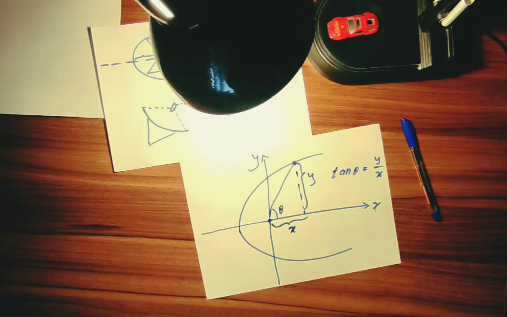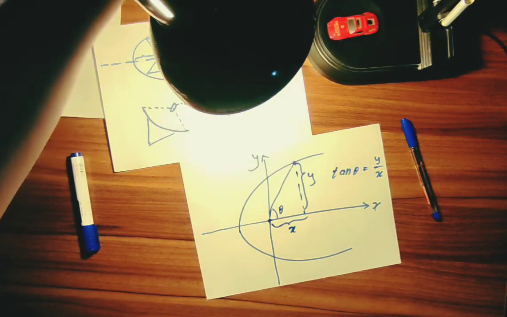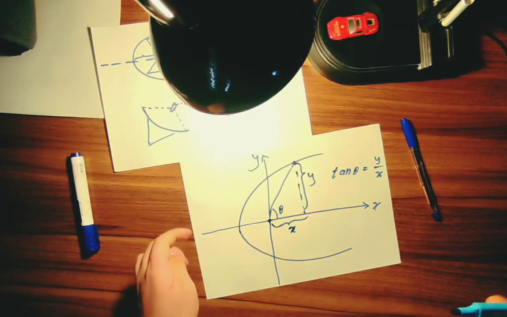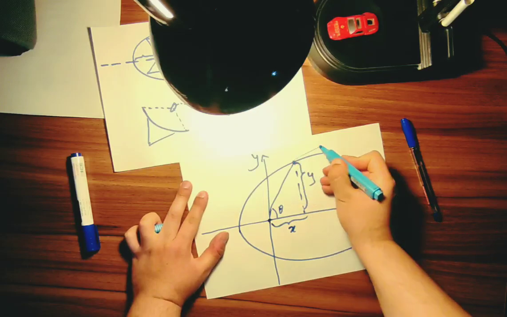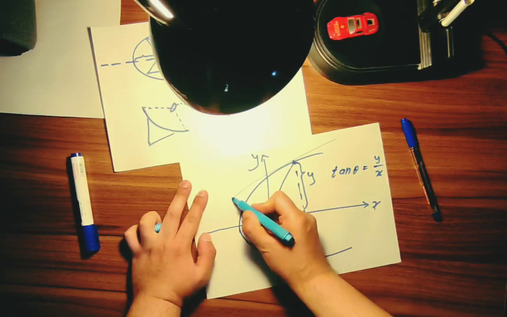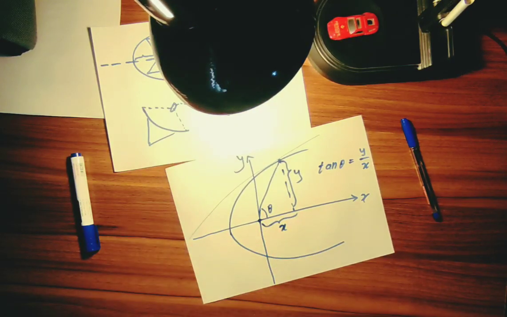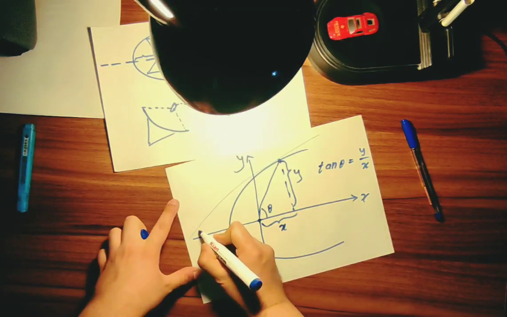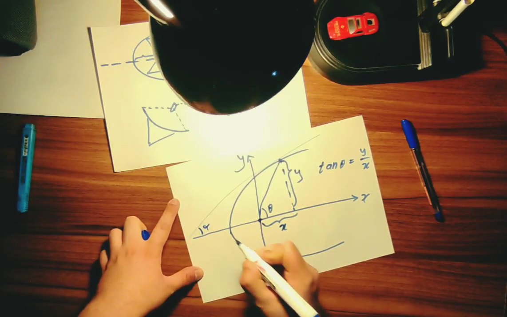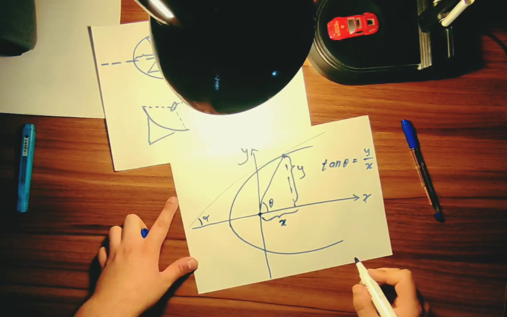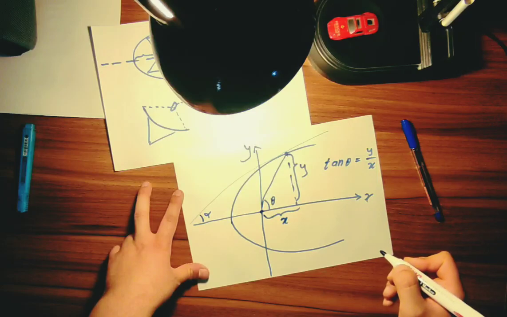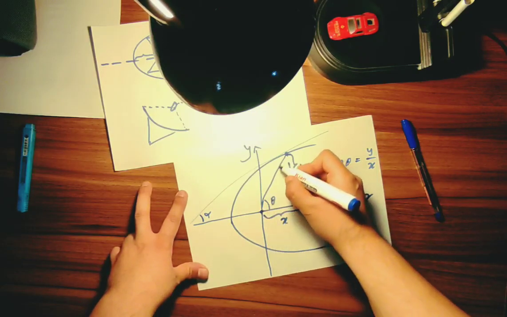Let's draw a tangent line on the mirror. The tangent line comes here. This angle, we name it alpha. You know how the light beam acts? Actually, this is a light beam.